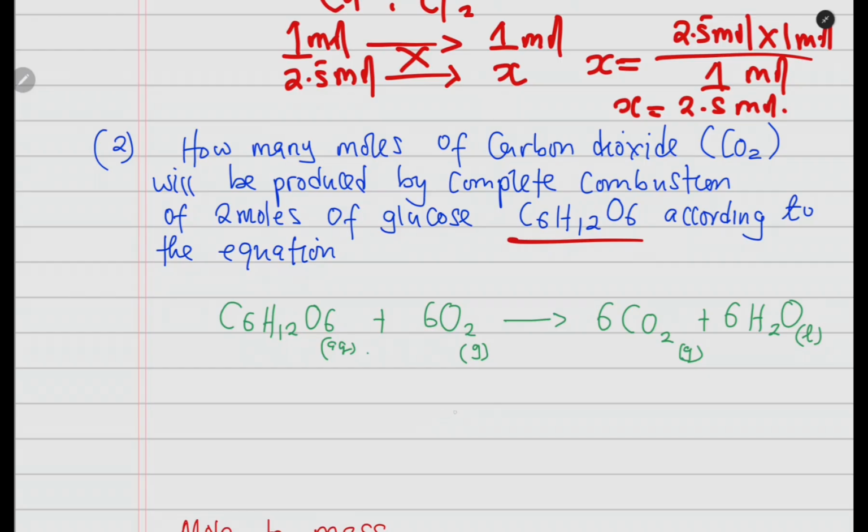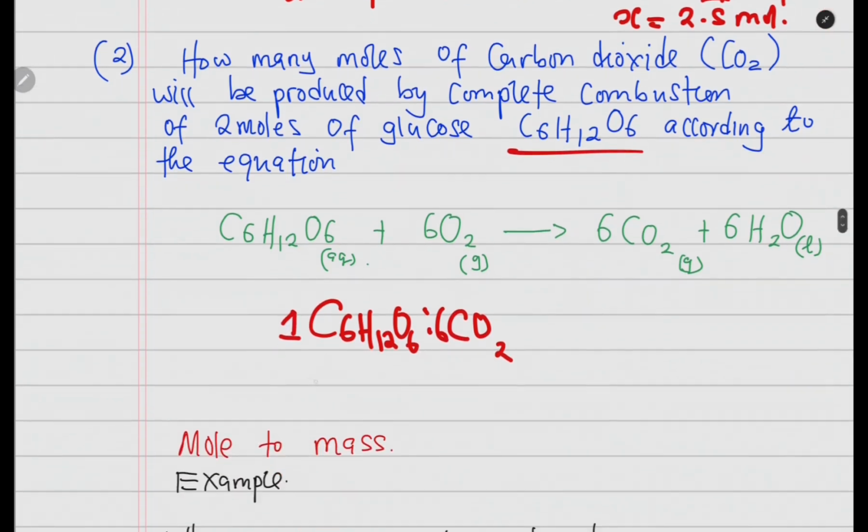So you form a ratio. So the ratio that you are going to form is the carbon dioxide, then 2, produced by complete combustion of 2 moles of glucose. So glucose is C6H12O6. So now in front of carbon dioxide there's a 6. In front here there's just a 1.